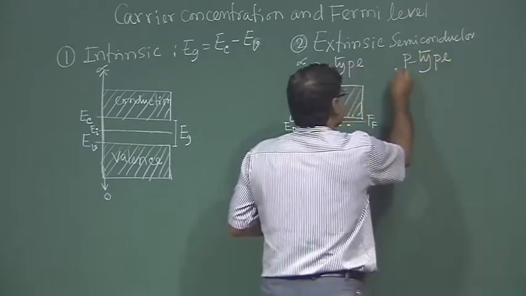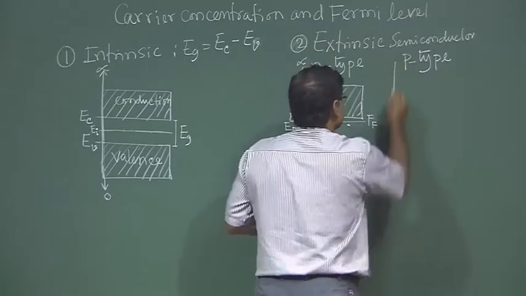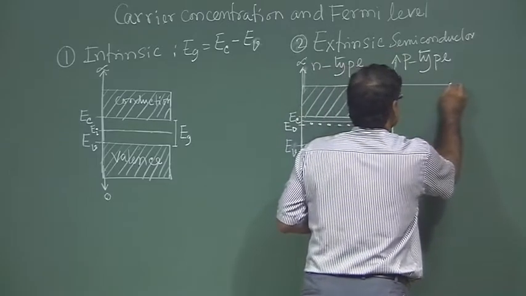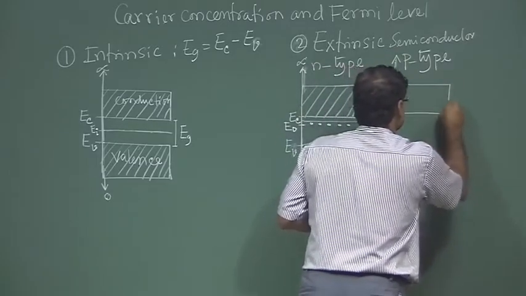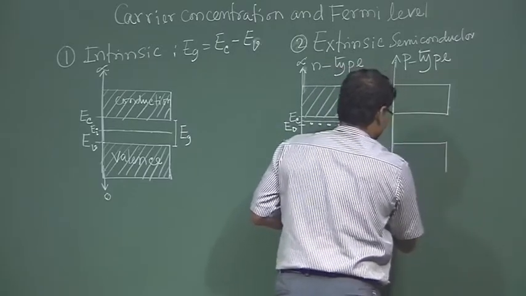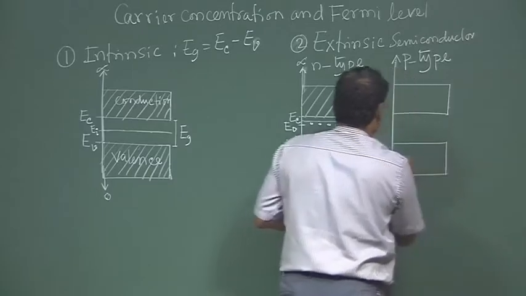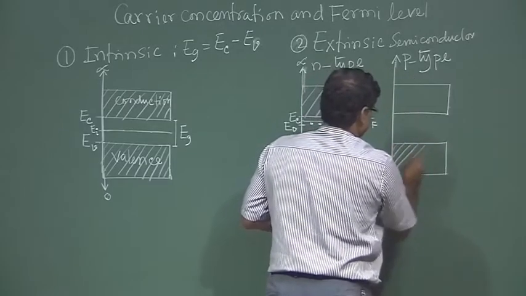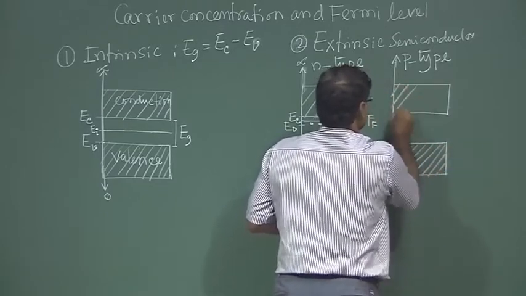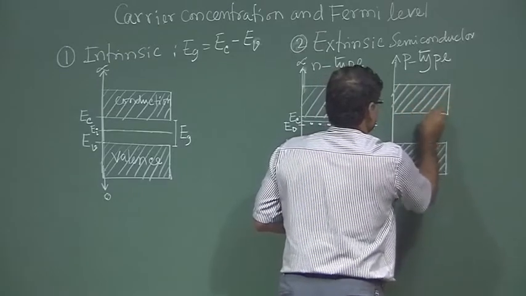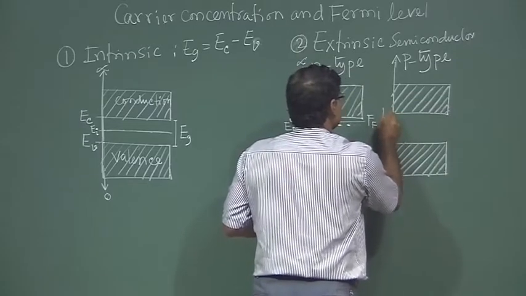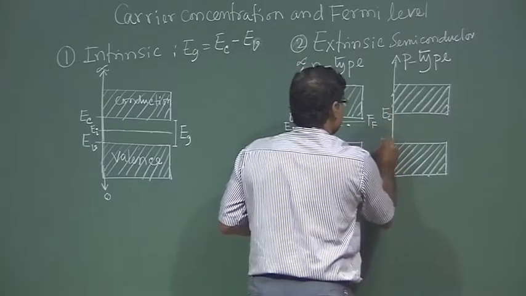And for P type semiconductor, we have a similar band diagram. Right. So, again this is EC, EV.